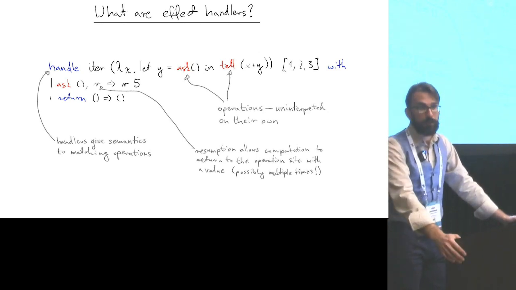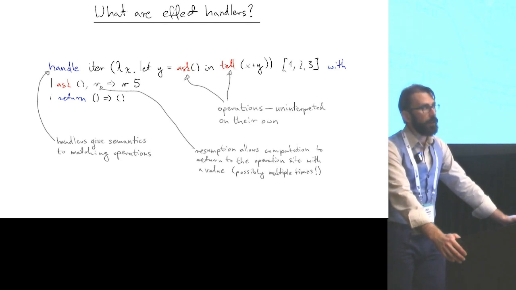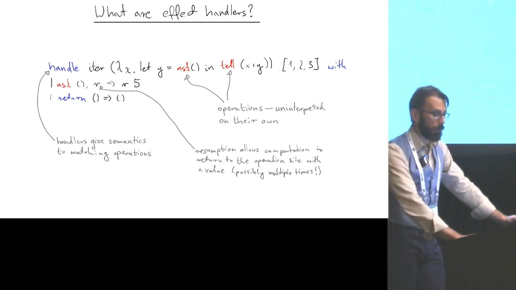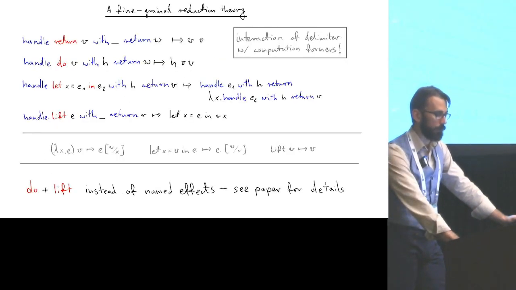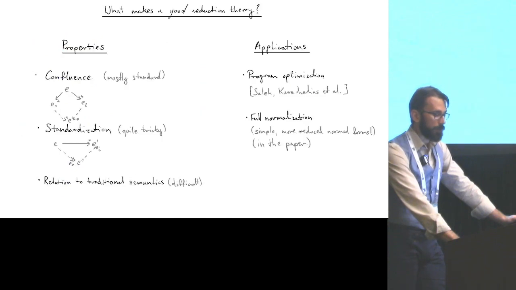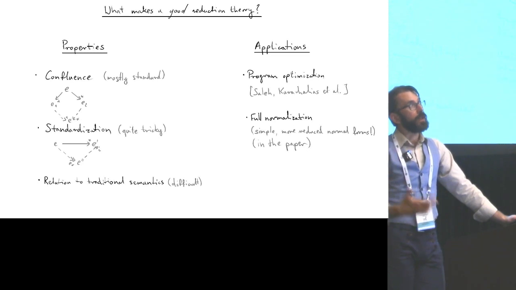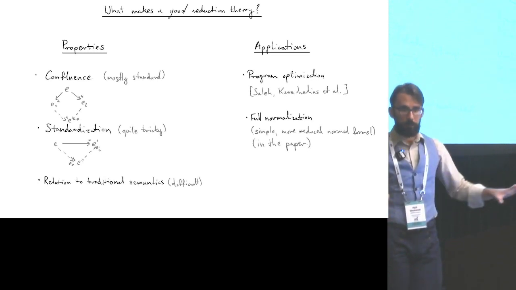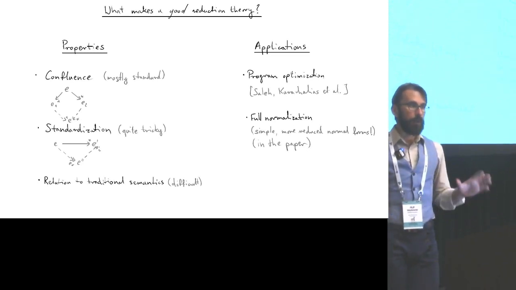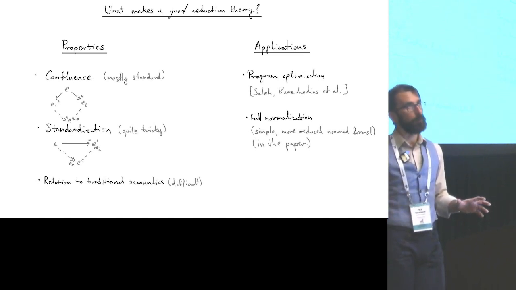And I think this is actually motivated quite well in practice by the program optimization work by Karahalias and others, I think at ICFP last year, if I'm not mistaken. What they do is a proper optimization, not just simple rewriting like that, of recursive function definitions.